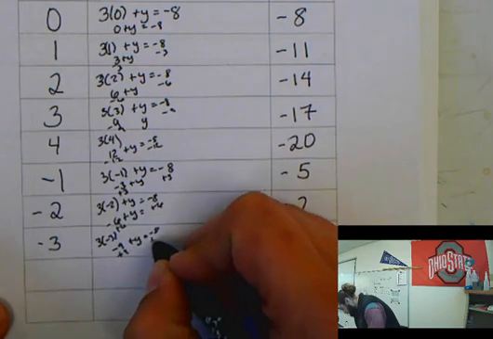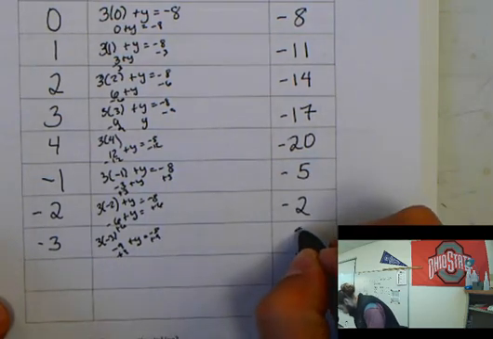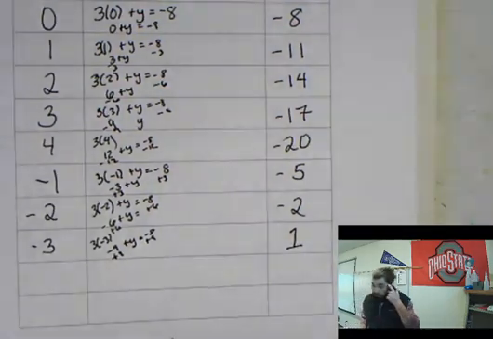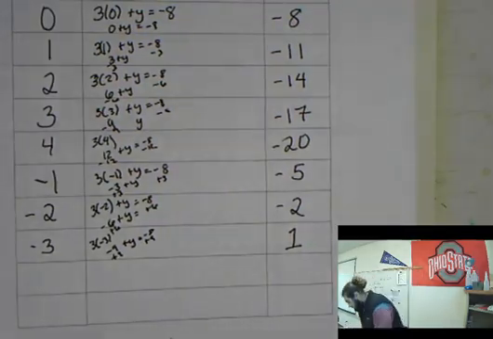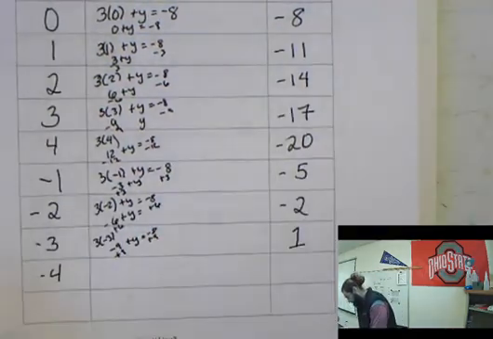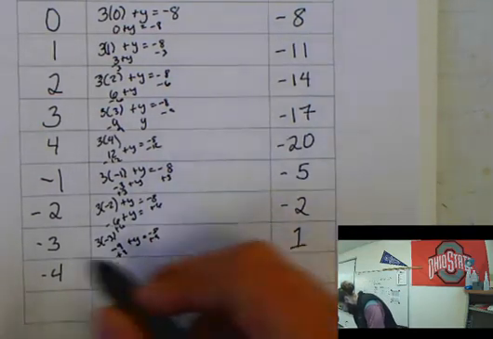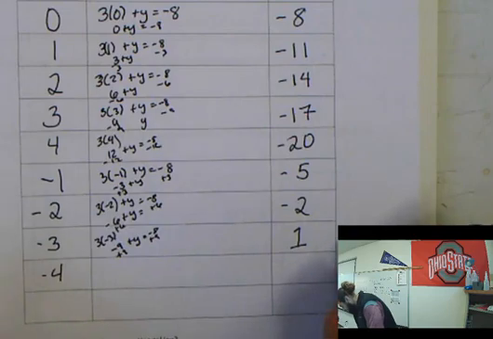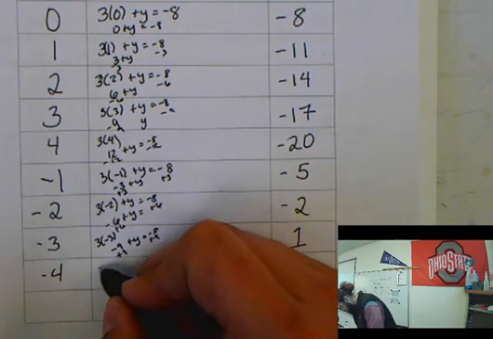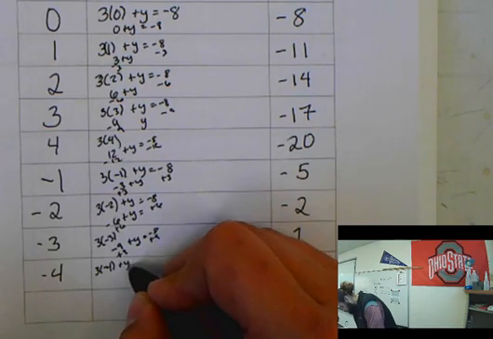Add 9 to both sides, and that gives us y is equal to positive 1. Negative 4, and so we decrease x by 1, so then we're going to increase y by 3, so that's going to give us a positive 4. Fantastic. That's 3 times negative 4 plus y equals negative 8.